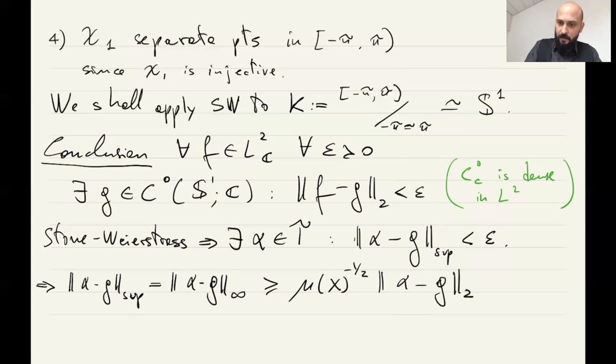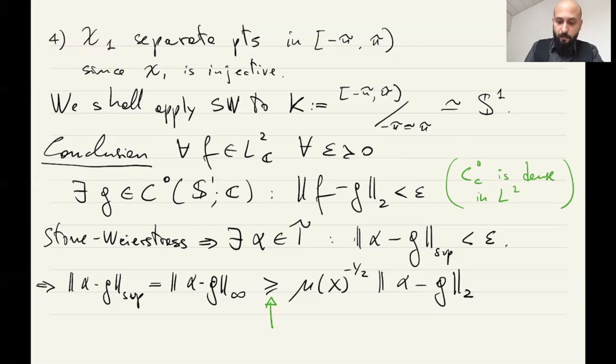Okay, why is this true? This is true because remember we proved that if the space has finite measure, then there is a containment in the Lp spaces.